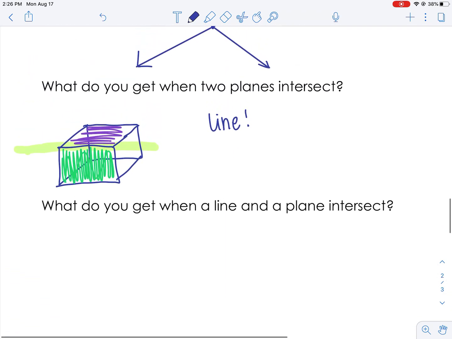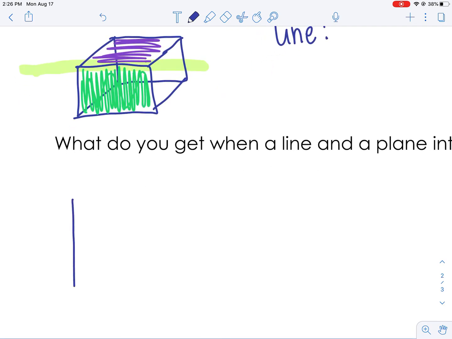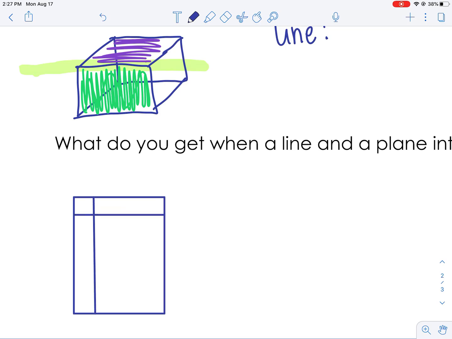And the one that people always have a hard time picturing is what do you get when a line and a plane intersect? The way that I'm going to ask you to think about this is, let's say that you're back in school and you have a piece of paper in front of you and you're taking notes on it. And you're writing things down. Well, what are you using to write all that stuff down? You're using a pen or a pencil.